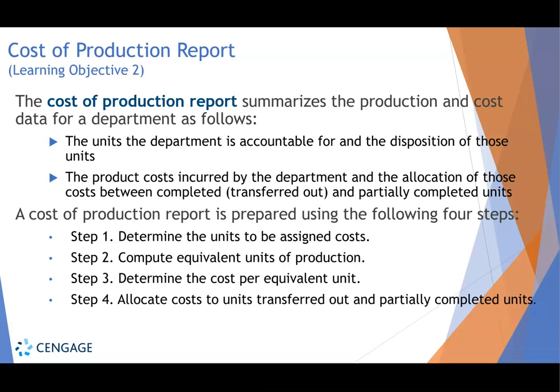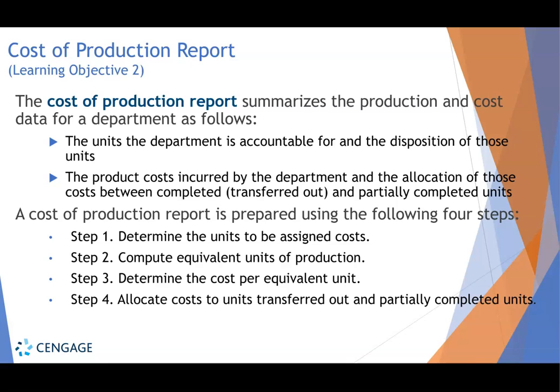So as each process is occurring, there are going to be at the end of the month some of these processes that are still work in process. They are not completed. So we need to know how much was transferred out and how much is still in WIP. A cost of production report has 4 steps.